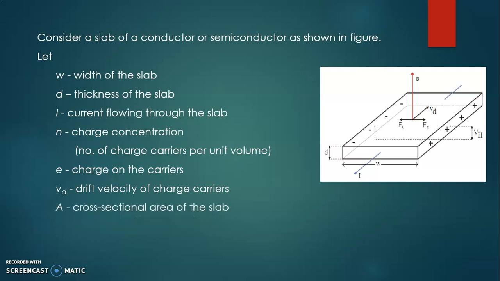A is the cross-section area of the slab. So the cross-section area we can write as A is equal to W into D, that is width into thickness.